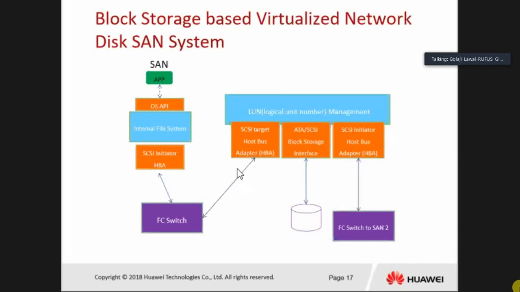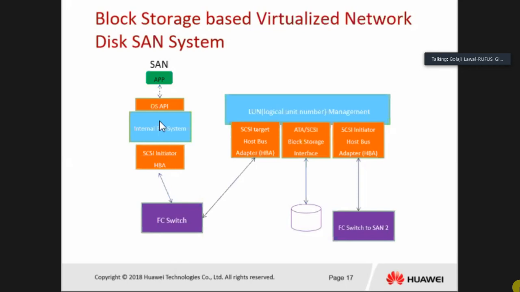So now, like I was saying, then SCSI initiator. So here, this is your host here. This is your SAN, storage area network. This is the app, OS, that's operating system, application programming interface, internal file system. Then at the back end, we have a SCSI.